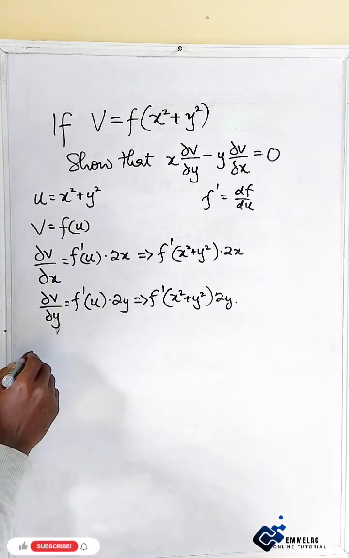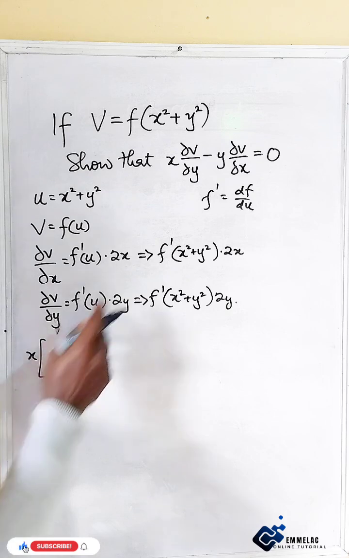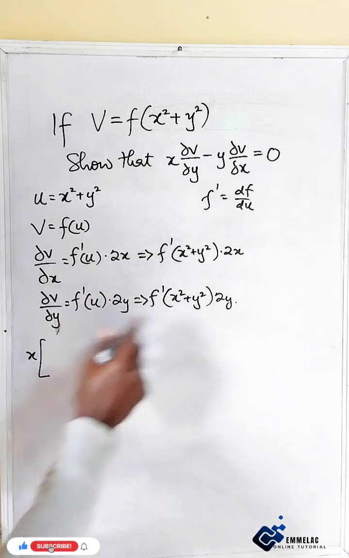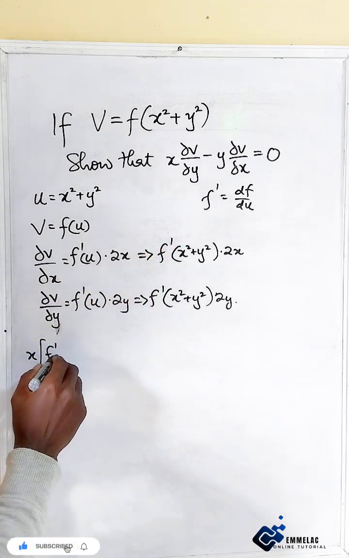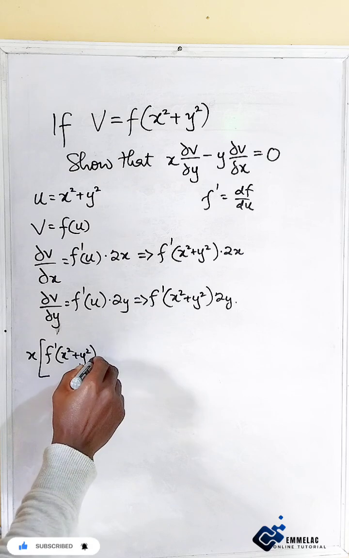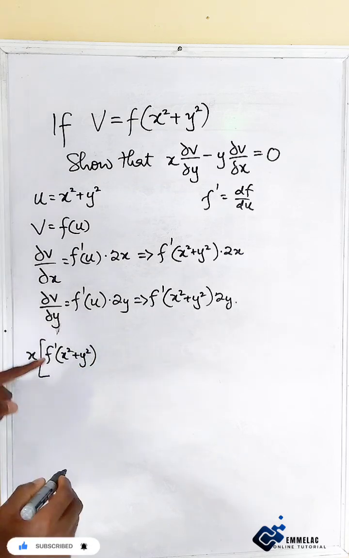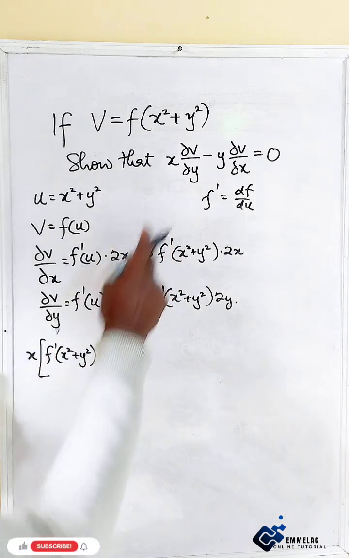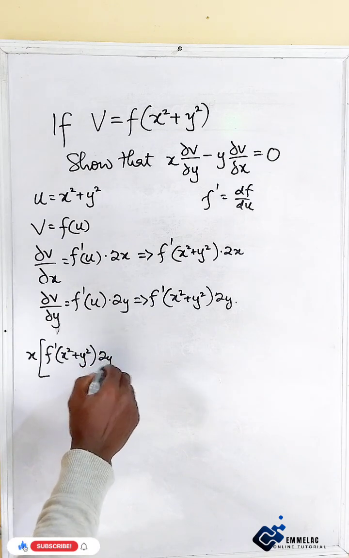Now let us plug into this equation to see if it will give us 0. So here we have x, and for our y, we have f prime of x squared plus y squared, and for y that will be 2y.